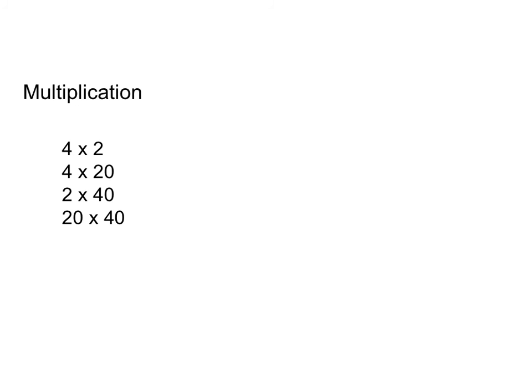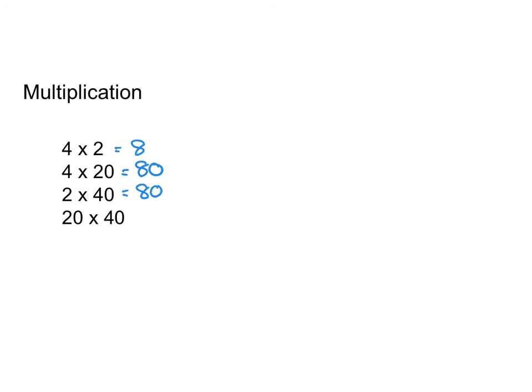Let's look at 25. We're going to do some multiplication. Now this multiplication, again, we're going to say the unit name and then the answer. So 4 ones times 2 ones is equal to 8 ones, or 8. 4 ones times 2 tens is equal to 8 tens, or 80. 2 ones times 4 tens is equal to 80.